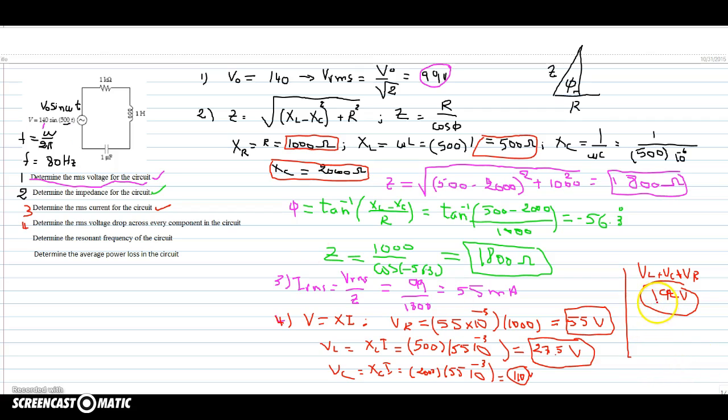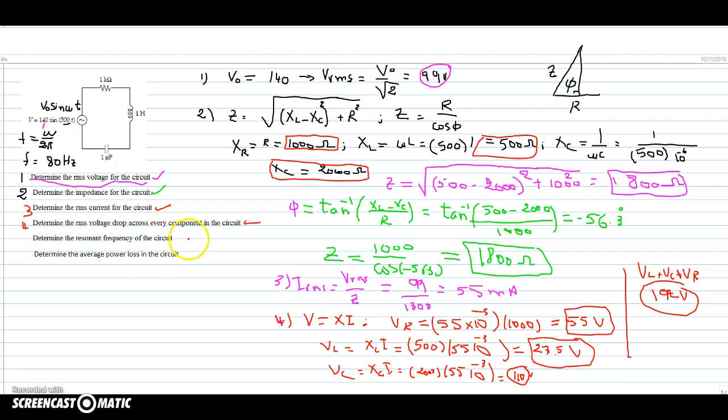So we explained this in the lecture. These are vectors, so they don't obey simple arithmetic. That's why they don't add up to 140. We have to use the Pythagorean theorem to do that. Okay, this is 192 volts. So we answer this question.